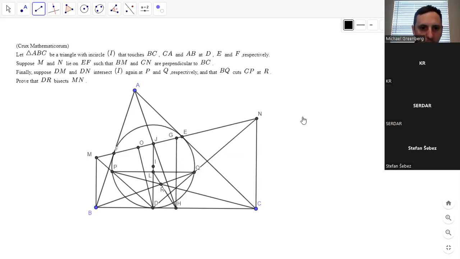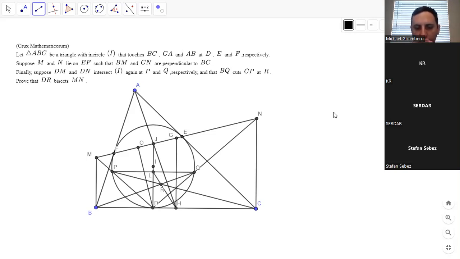Then we have that HG is the midline in the trapezoid BCMN. Yes. So that is parallel. I mean, HG is perpendicular to BC. That is what I meant. Yeah.